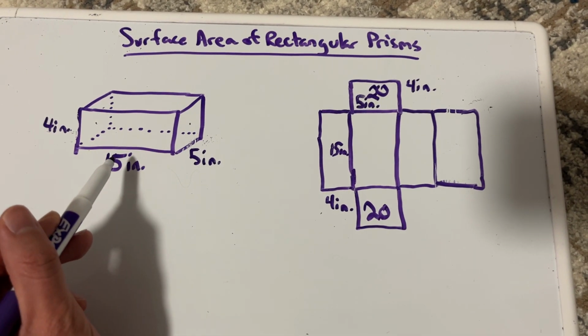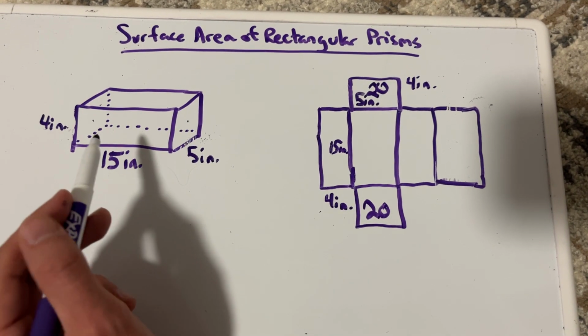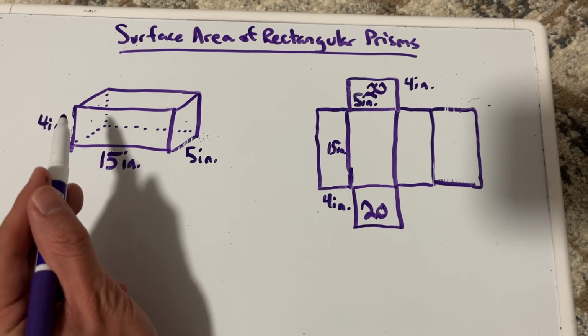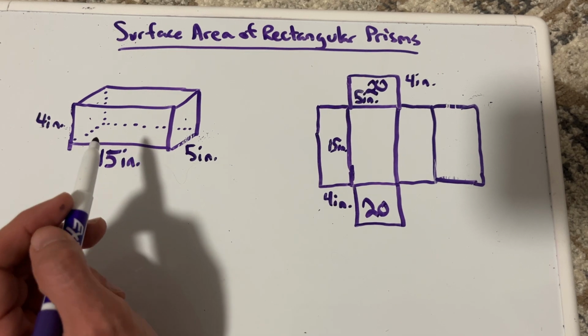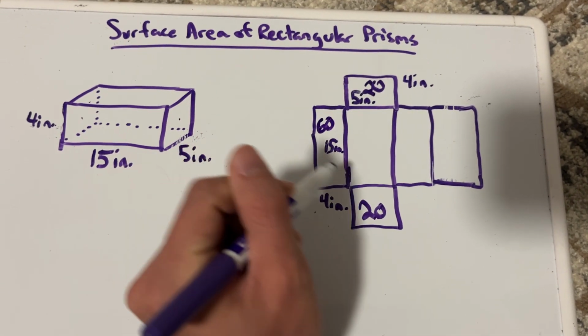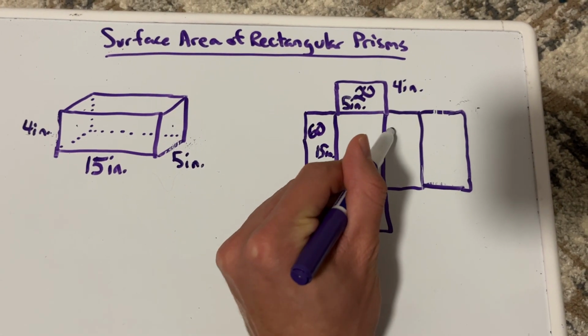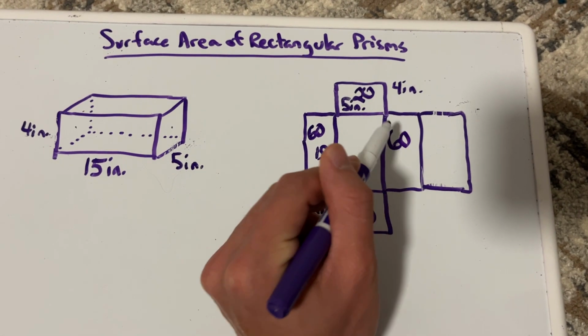We see that the length of this rectangle is still 15 inches and the width is still 4 inches. So the area of that rectangle is going to be 60, and the same area is going to go for its opposite side.